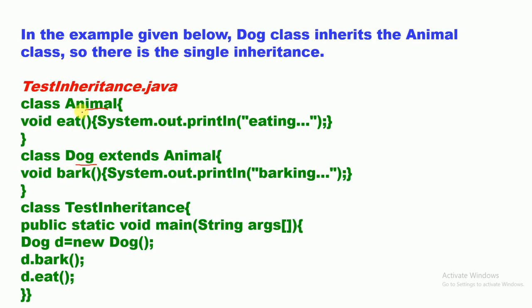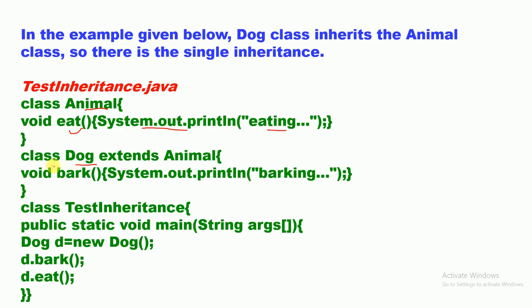In class animal we have created a method known as eat, void eat, and it is printing eating. The System.out.println is for printing.